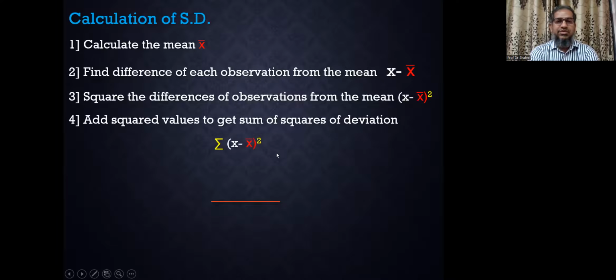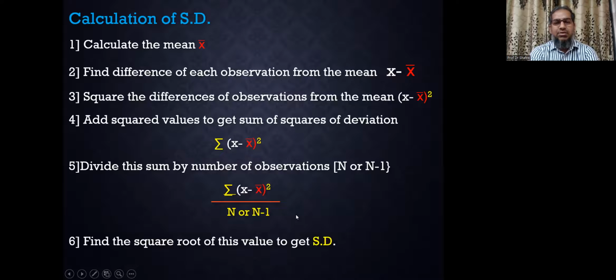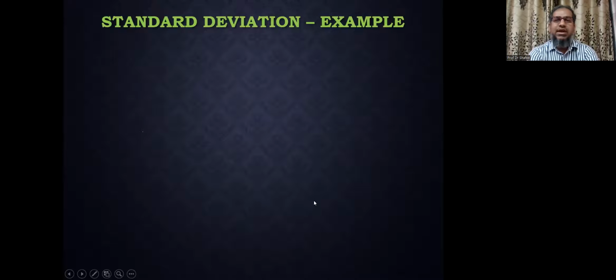After that, we do the summation of x minus x bar squared. Then we divide this summation by either n or n minus 1. Finally, we take the square root of all this, and then we get the standard deviation.